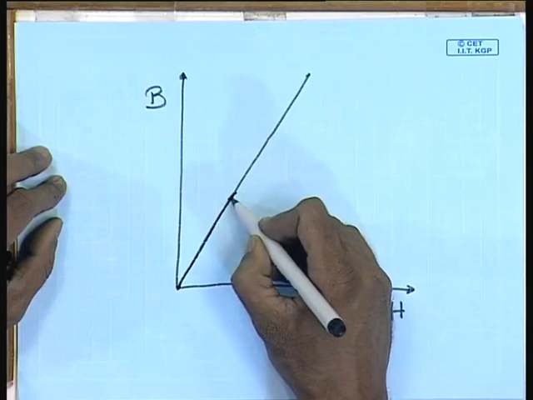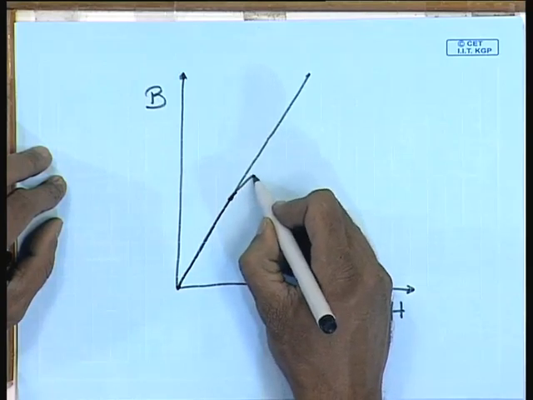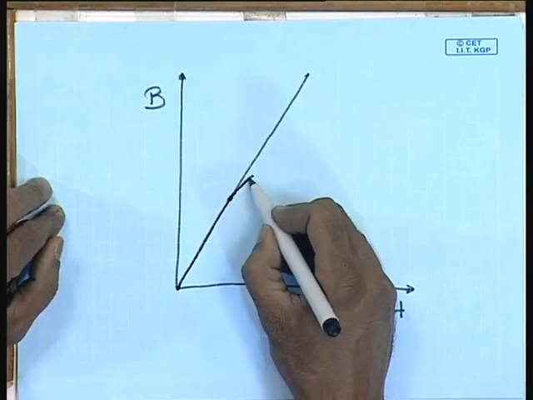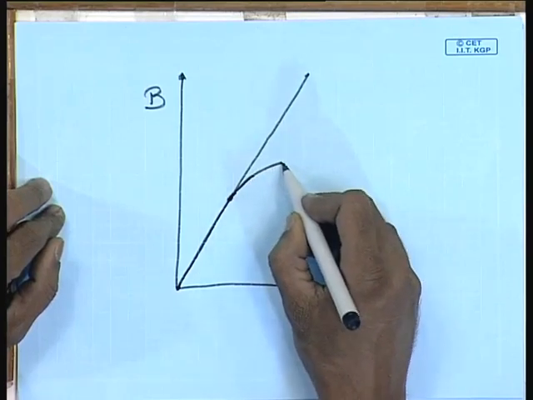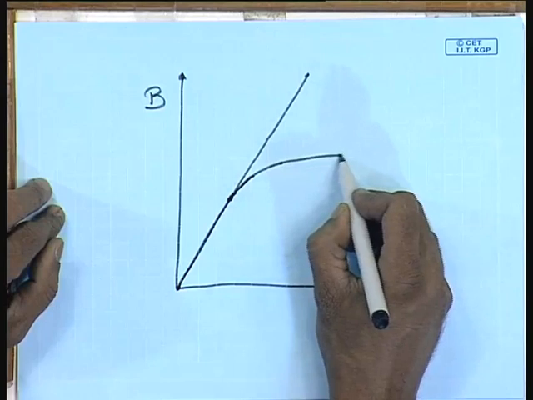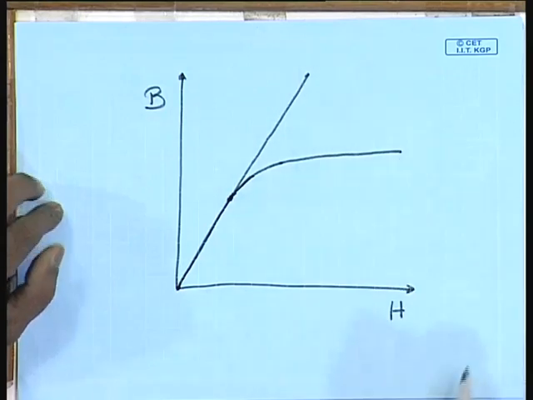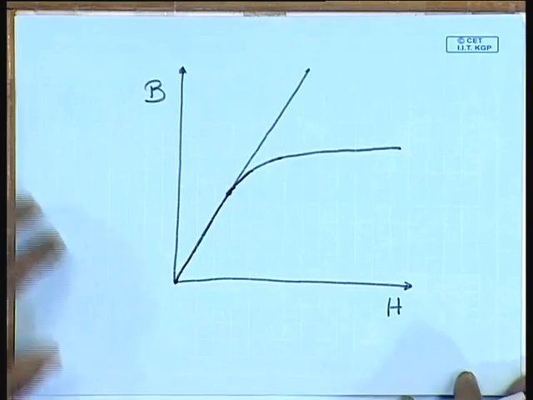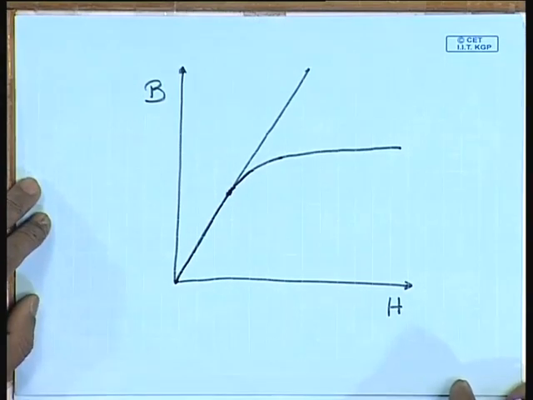In fact, B does not increase as fast as H, and beyond some point, even if you keep on increasing H, B practically does not increase. This is due to the special constructional feature of this magnetic material, which is made up of very tiny molecular level magnetic dipoles.